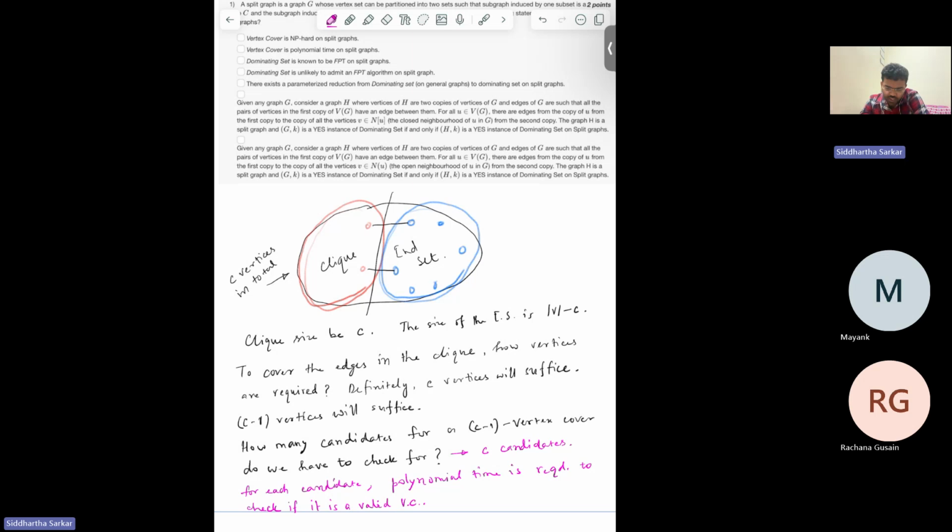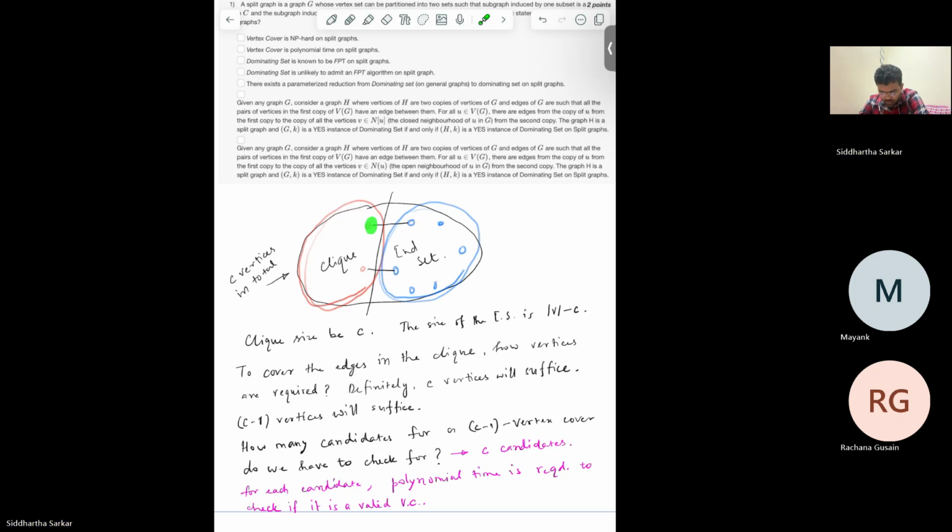One may ask why you are not bothered about picking vertices from this side, because it could also be possible to take vertices from this side. You know that because on this side there is a clique, you must take at least c minus 1 vertices from this side. After that, one vertex could be left on this side.